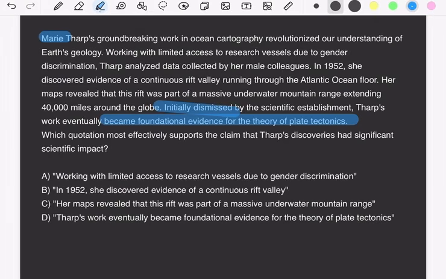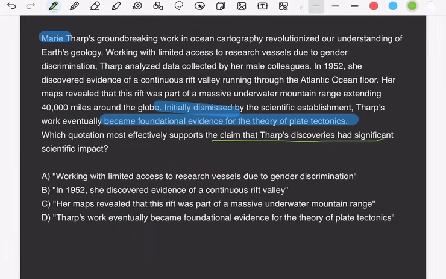The question says, which quotation most effectively supports the claim that Tharp's discoveries had significant scientific impact? Okay, so we want a quotation that directly states that. This also means it directly supports it or most effectively does that. So let's look at our answers and see which ones we can eliminate right off the bat.